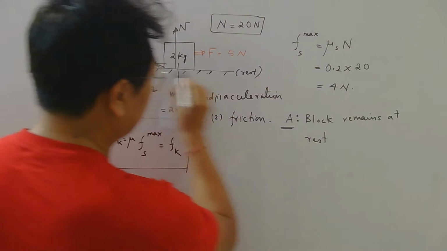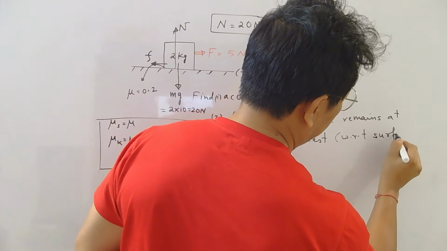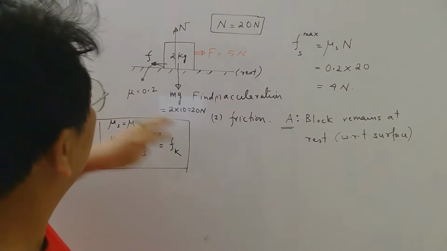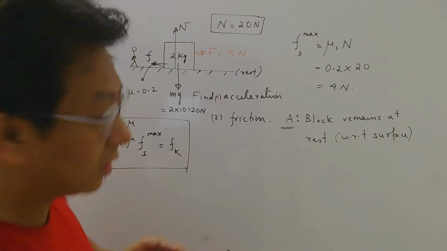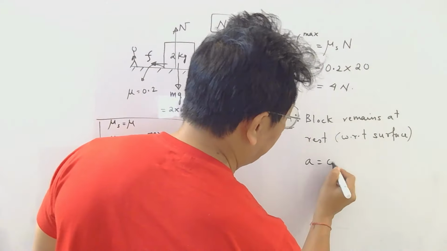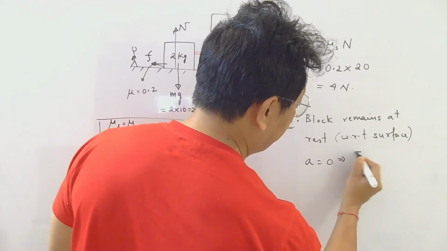Okay, so with respect to the surface below, the block remains at rest. If you stand on this surface, you should see this block is at rest. That means you should see acceleration of the block to be 0. And if acceleration is 0, net force should be 0.